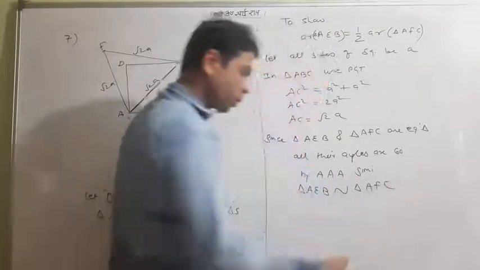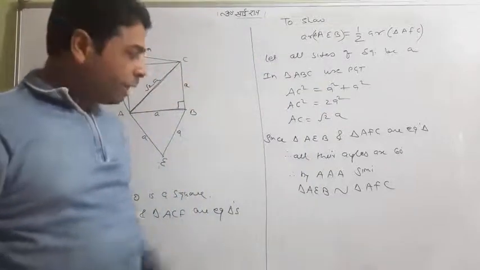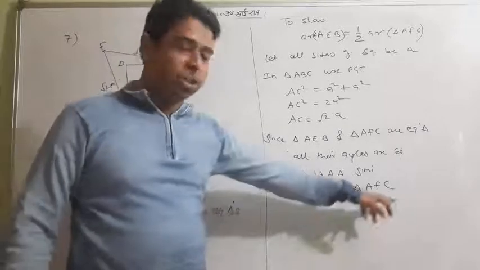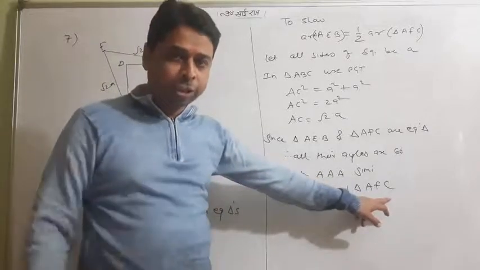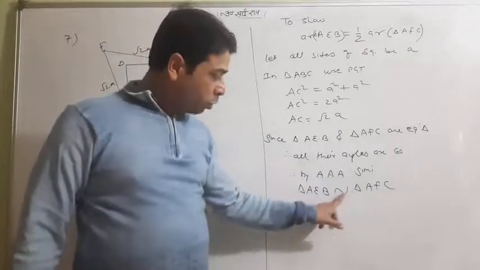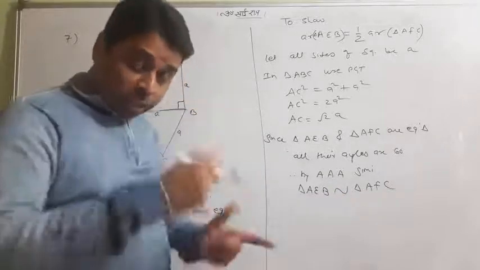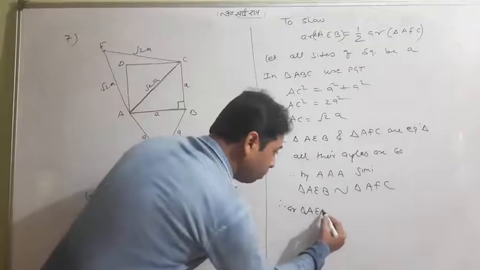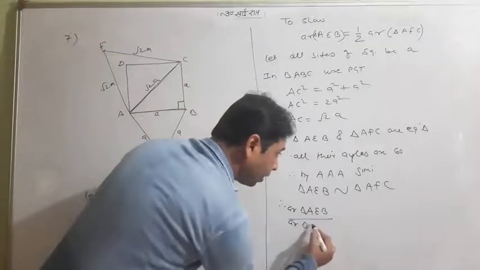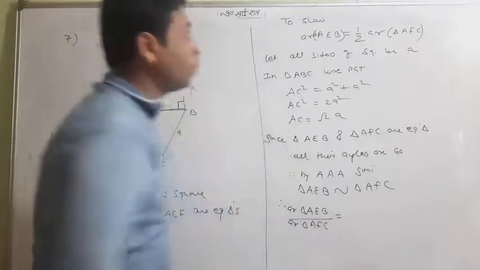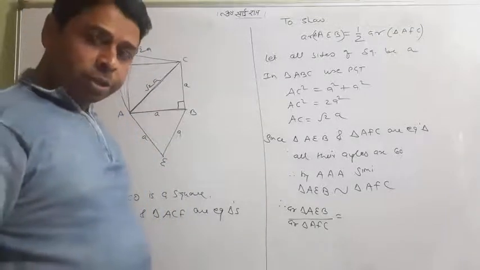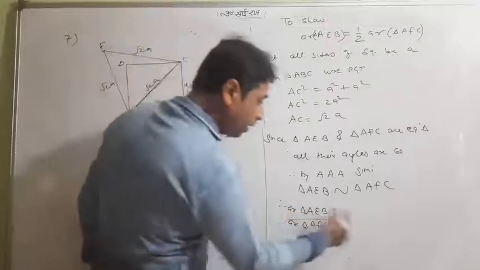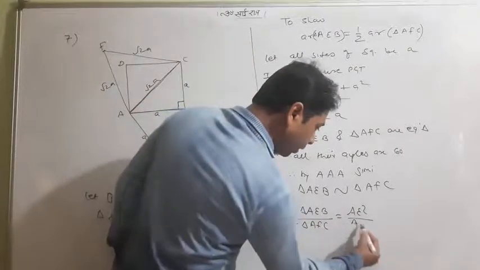Nothing to worry about, it's very simple. Even you can write ABE, BA, all correct because all angles are 60, so corresponding angles you can match. So both triangles are similar, and you know the result that the area of triangle AEB upon the area of triangle AFC will be the ratio of the squares of corresponding sides, so AE square upon AF square.